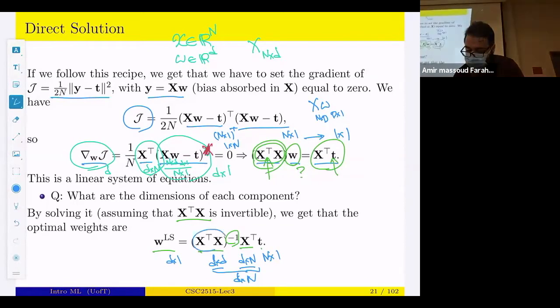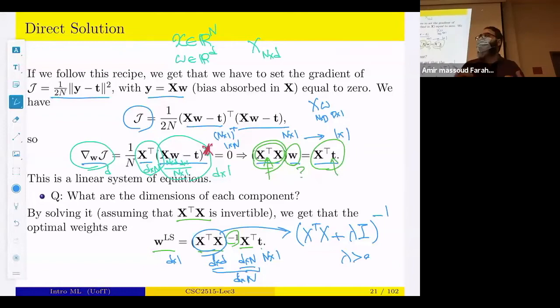We change it to something like x transpose x plus lambda I, where I is the identity matrix and lambda is a positive number. And then we take the derivative of it. This makes sure the system becomes full rank, and it improves the condition.